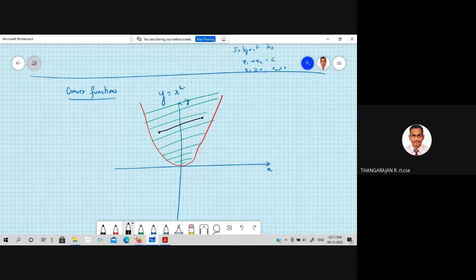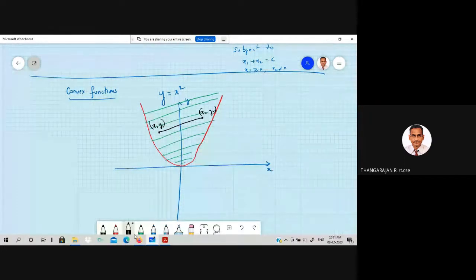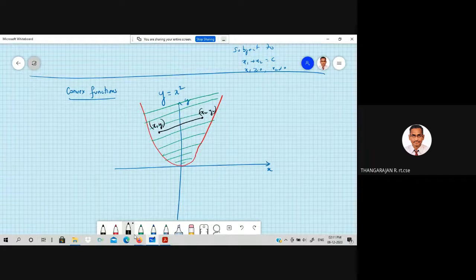So this is one line. I call it x1, y1, x2, y2. This is one point. This is the other point. I join them by a straight line. Then all the points on this straight line, if they fall in the same region, then I can say that this is a convex region. Okay, this is a convex region.